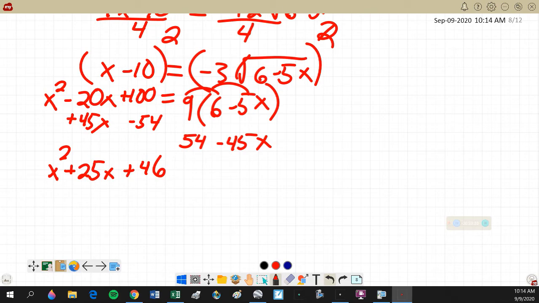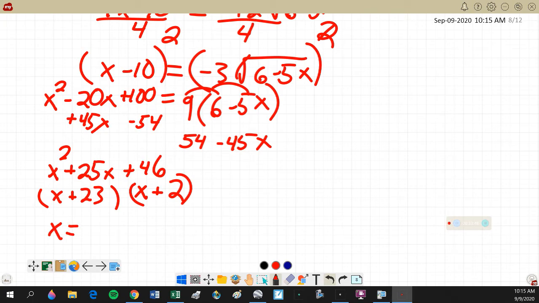Yeah, I did. Two numbers that multiply to be 46 and add to be 25. 23 and 2. So, x equals negative 23 and negative 2.